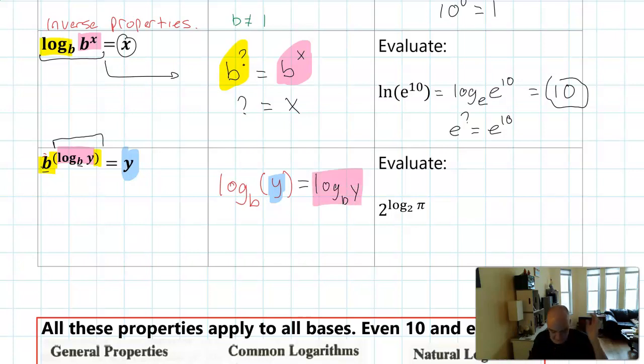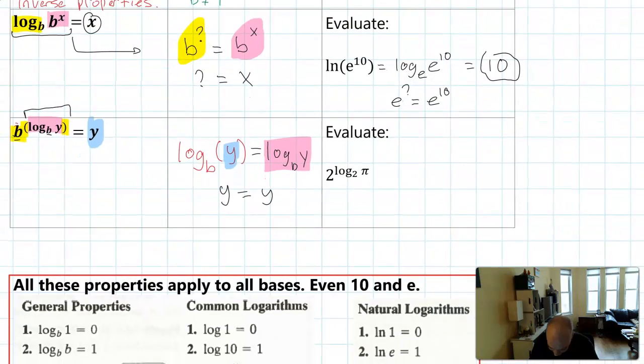So we have base to the power equals the exponent, or base to the logarithm equals the power. Here we have log base b of that power equals the original exponent. And so by sort of parallel structure, it better be true that y is equal to y.